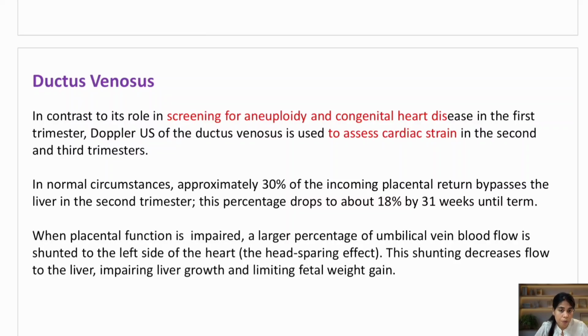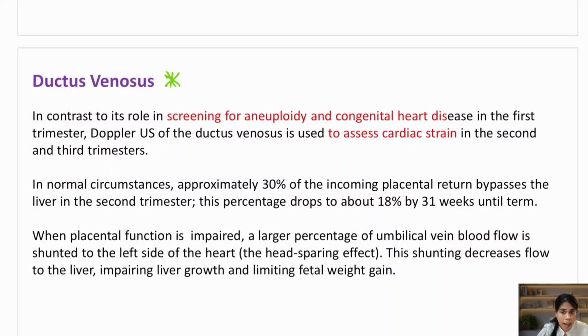Now let's see the Doppler for ductus venosus. We all know the ductus venosus is a trumpet shaped connection that connects the umbilical vein with the IVC directly, and it helps in shunting blood from the right atrium to the left atrium through the foramen ovale because of the high velocity and pressure. Its role in the first trimester is to screen for aneuploidy and congenital heart disease.